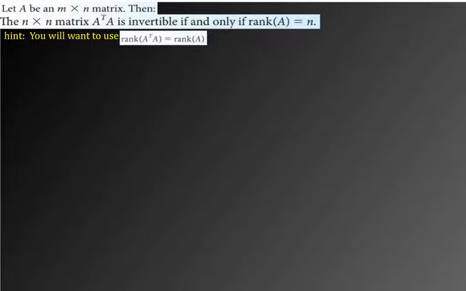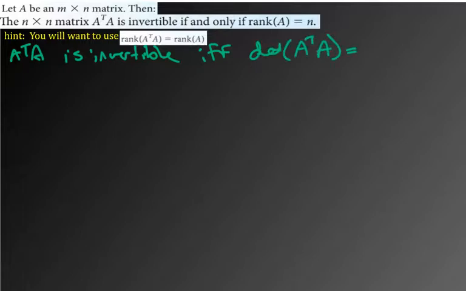So we've talked about this idea, I kind of said it 2 seconds ago, that A transpose A is invertible if and only if the determinant of that matrix is not 0, right?